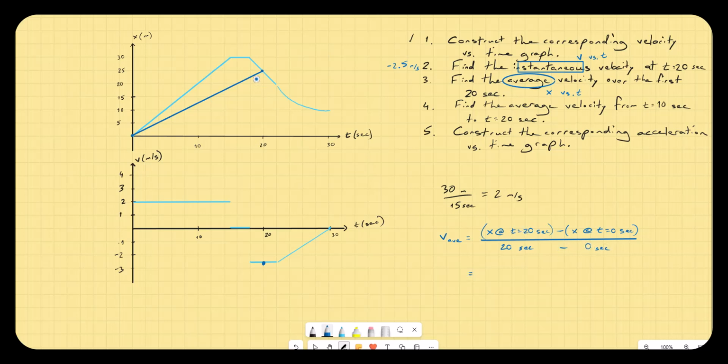At 20 seconds, my position is 25 meters. At 0 seconds, my position is 0 meters. 25 divided by 20 is 1.25 meters per second.